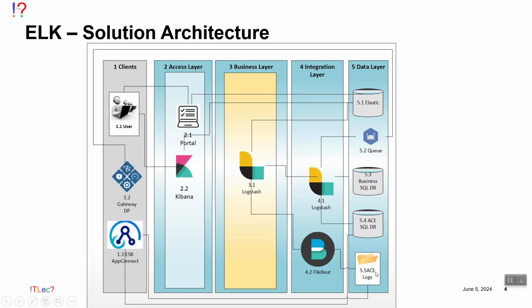FileBeat here is responsible for files. We also consider Logstash as the business layer, because if you have some patterns or grok or any transformation or manipulation of data, most probably we will do it here in the business layer, which is again Logstash.